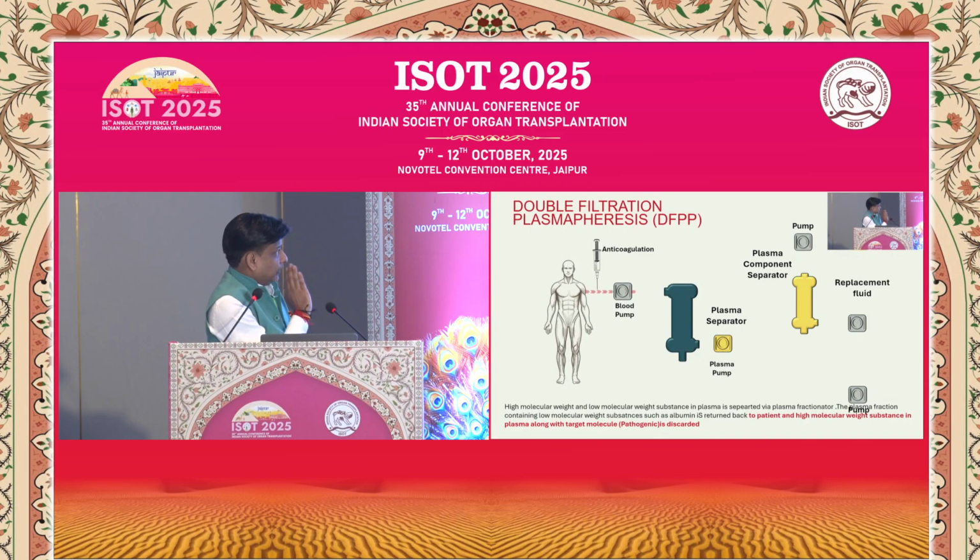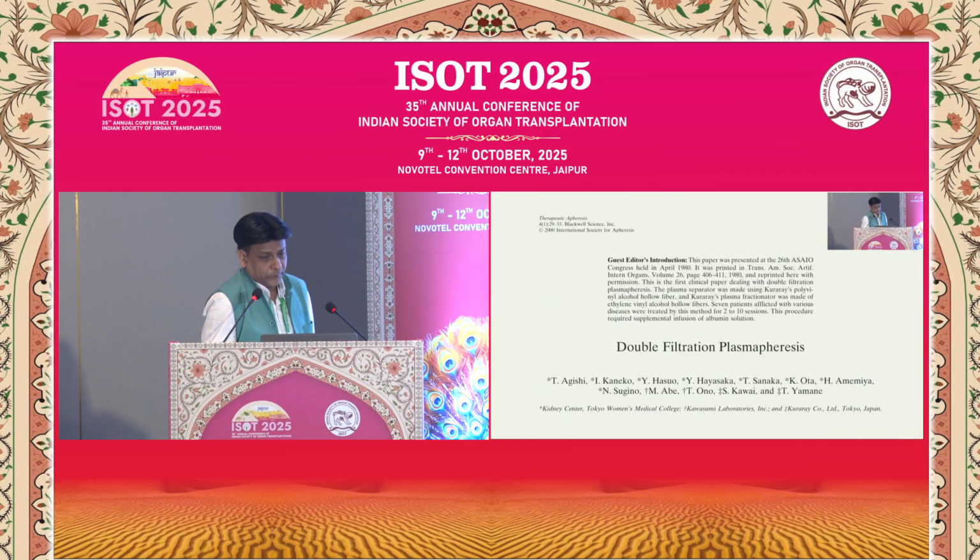Now coming to double filtration plasmapheresis. What is this? There is a blood pump, and initially a plasma filter. The plasma pump removes the plasma, which enters the plasma component separator. What does it do? It keeps the plasma fraction with low molecular weight substances such as albumin, and the high molecular weight substances along with target molecules are discarded.